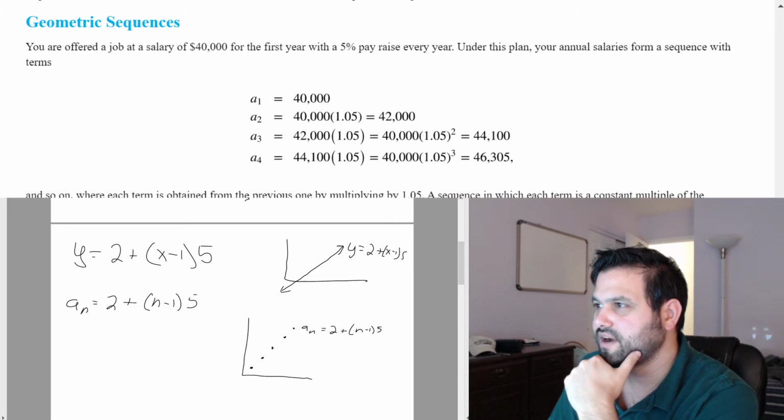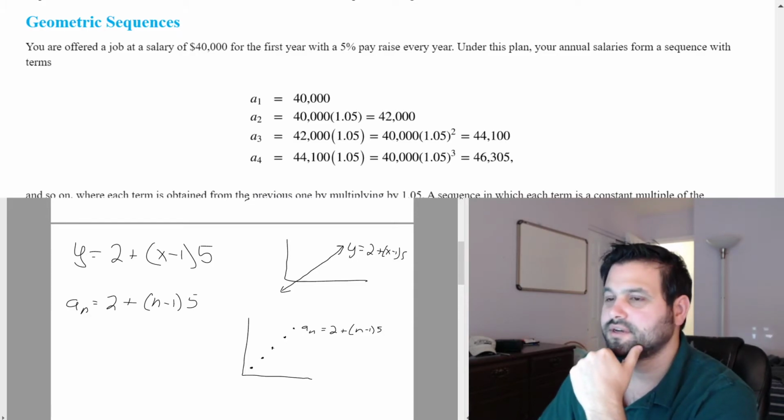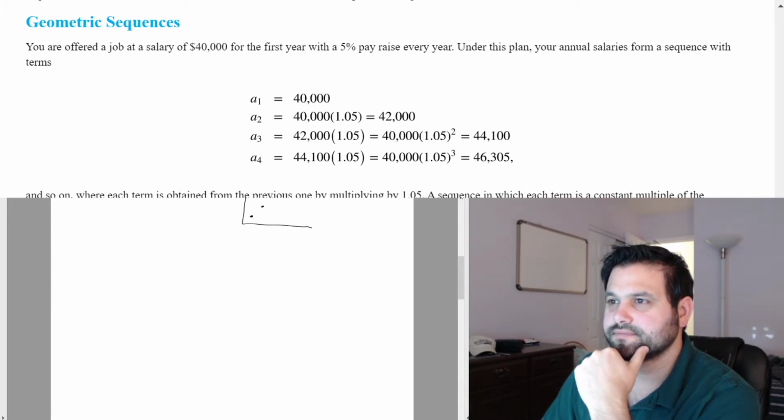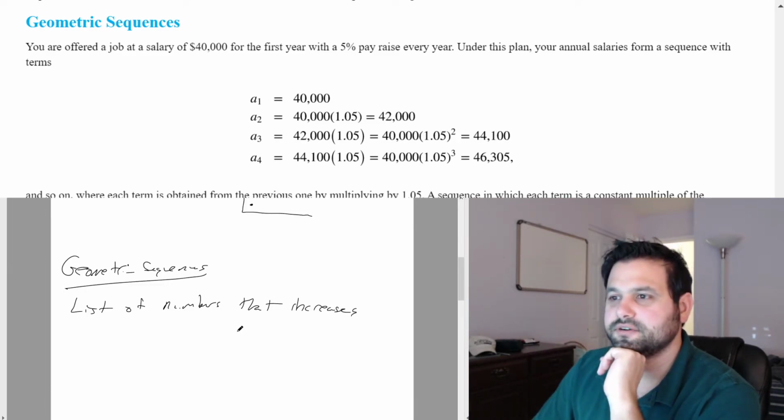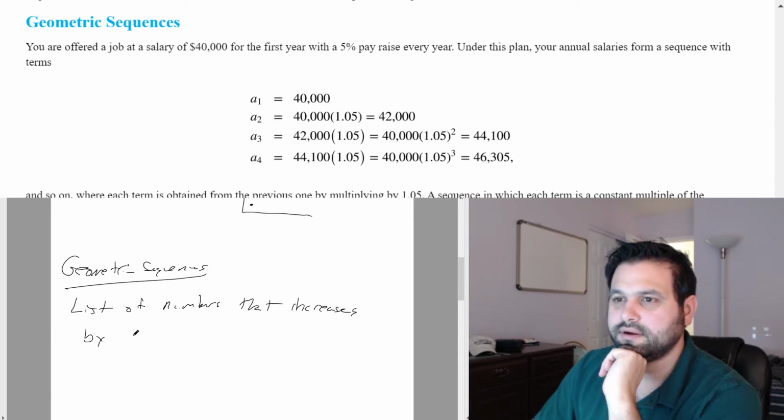So now let's move on to geometric sequences. A geometric sequence is a sequence that, again, is a list of numbers that increases or decreases, remember, so that increases by a single multiplier.